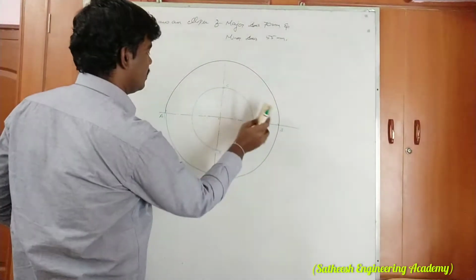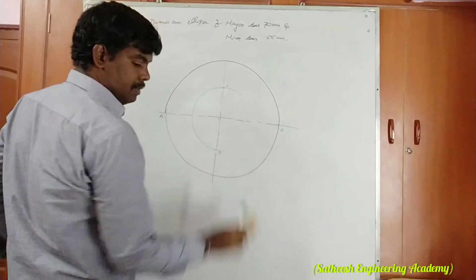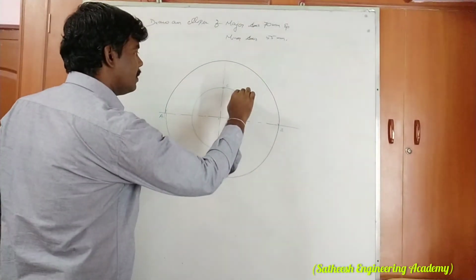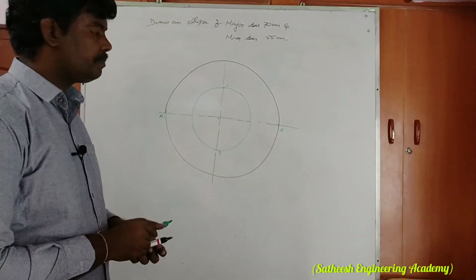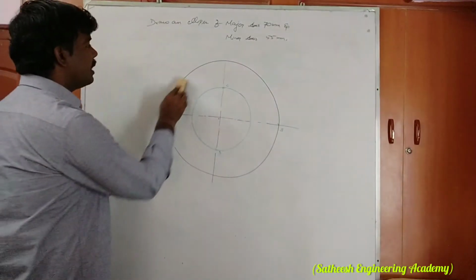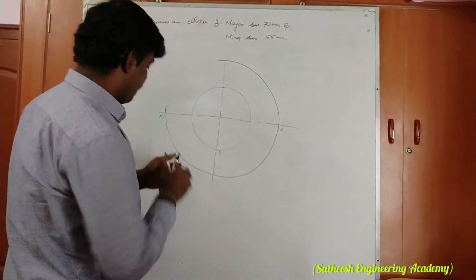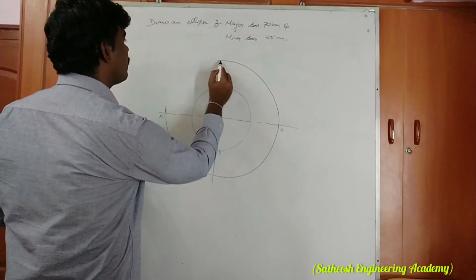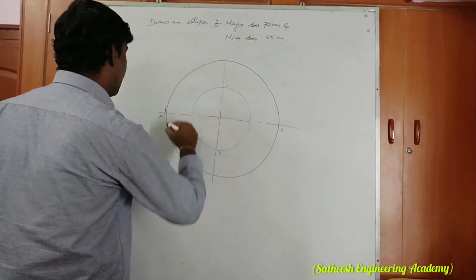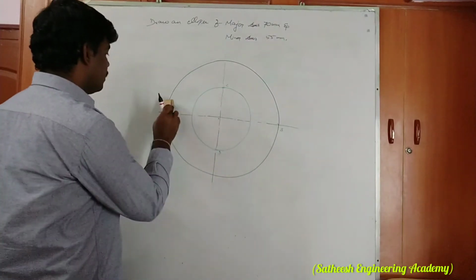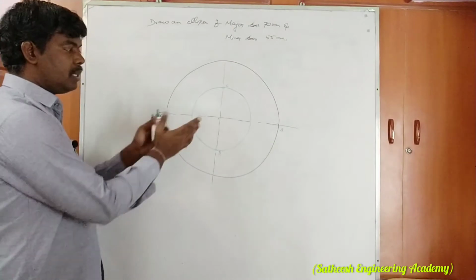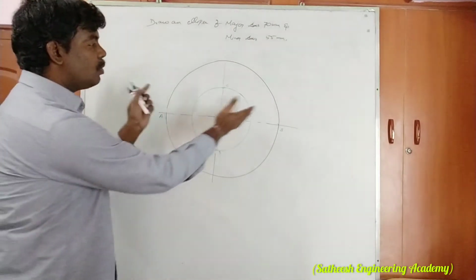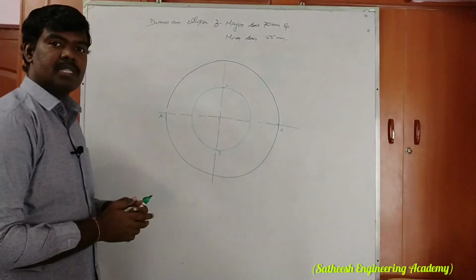Like this. Now these are concentric circles, because both circles have the same center point.